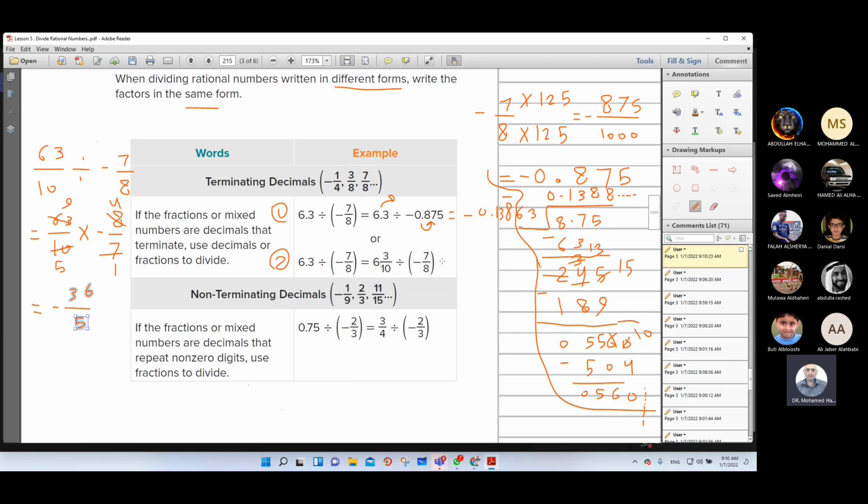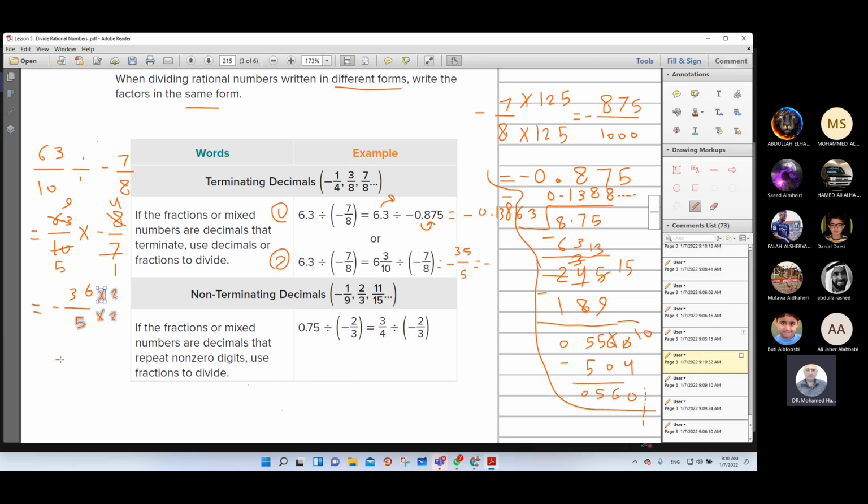So the answer as a fraction will be 36 over 5. If you want to find the answer as a decimal, you can change 5 to 10 down here. So you can multiply up by 2 and down by 2. 36 times 2 will be 72.